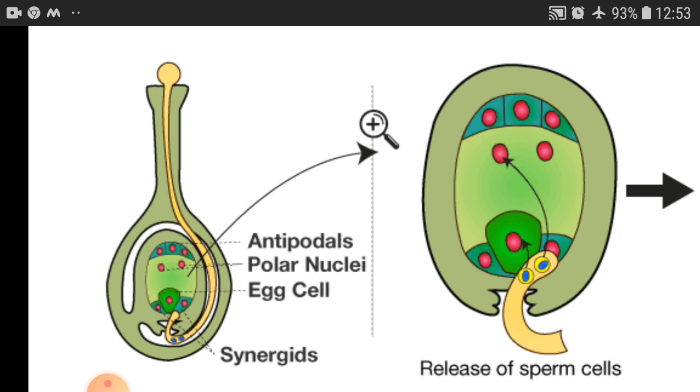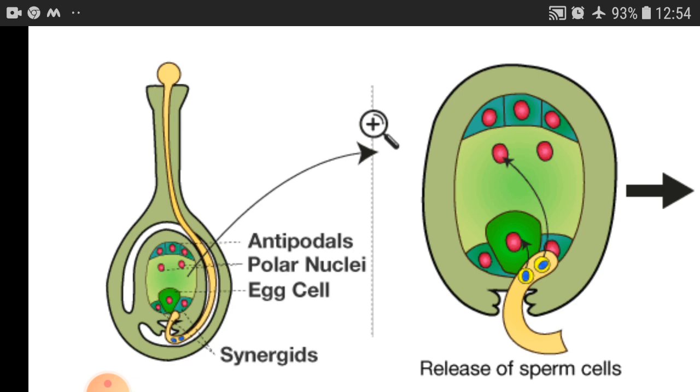An example of porogamy is the lily flower, and of chalazogamy, Casuarina. Sometimes it can be between the two, the third type, which is known as mesogamy, present for example in Cucurbita.